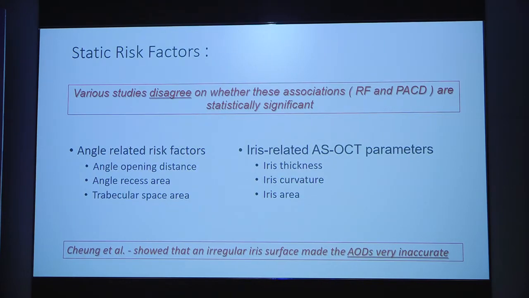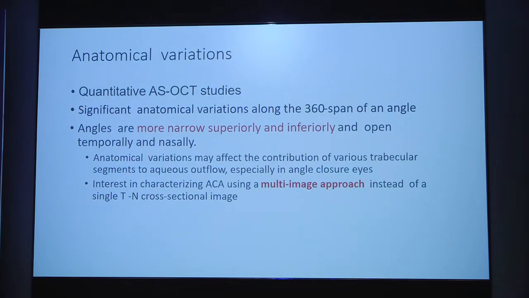But still there are some researches and studies which show that they are not so important, and this is because of the anatomical variations along the 360-degree span of the angle. So angles are more narrow superiorly and inferiorly and open temporally and nasally. So this anatomic variation is there. So we need a multi-image approach to scan the angle and not just 2 or 3 straight line scans.